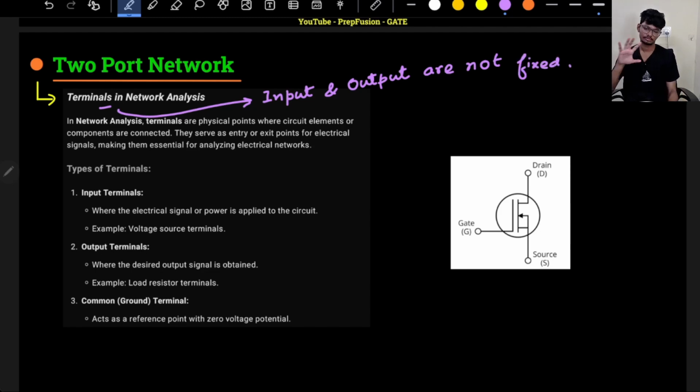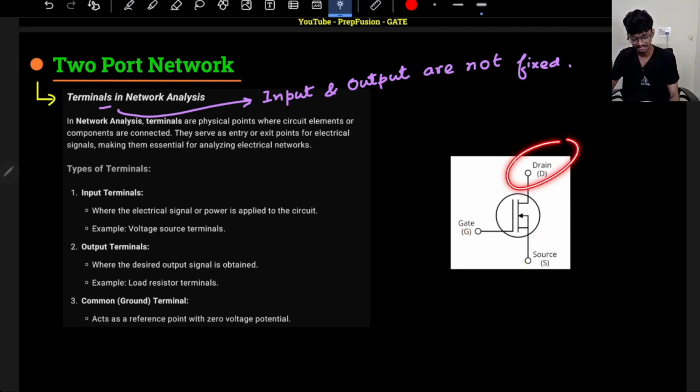Like this gate can act as input, this source can act as output, this drain can act as output. So these are not fixed. These are generally called terminals. They serve as entry or exit points for the electrical signals, making them essential for analyzing electrical circuits.